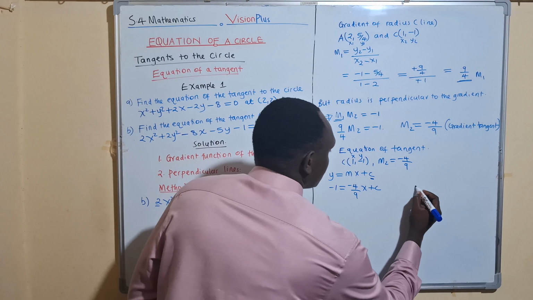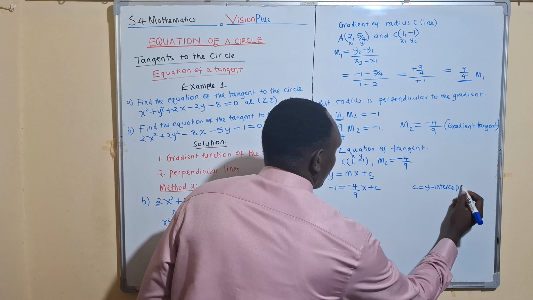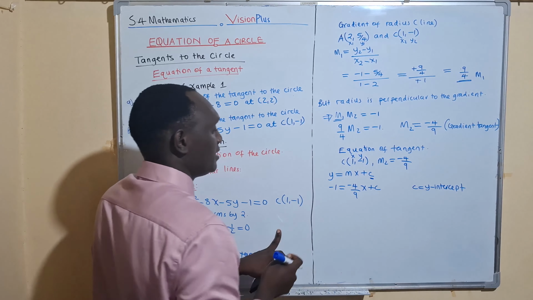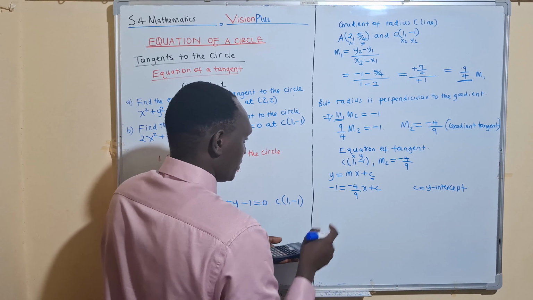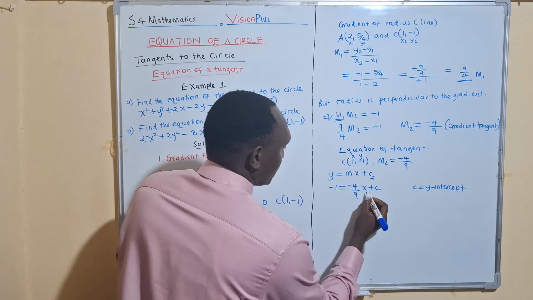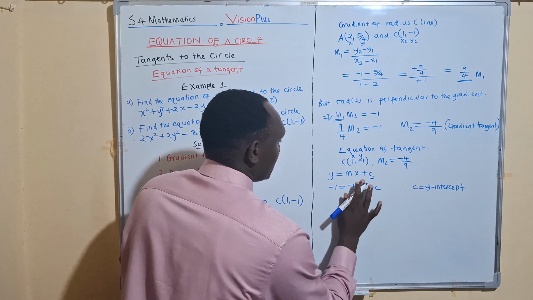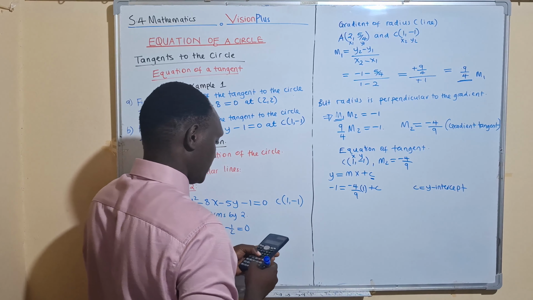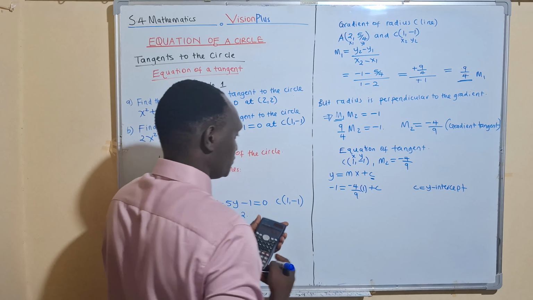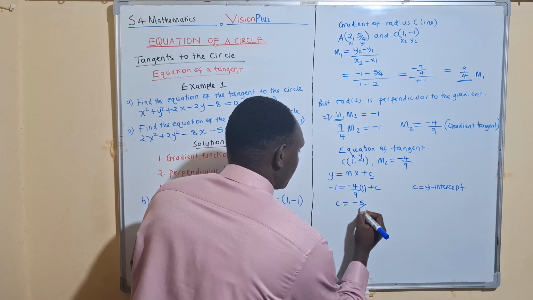What is c? C is the y-intercept, the point on the y-axis where the tangent meets the y-axis itself. So what do we do here? Let us substitute for x here, please. X is 1. So that we have negative 1 plus 4 divided by 9. So I'm getting c as negative 5 out of 9.